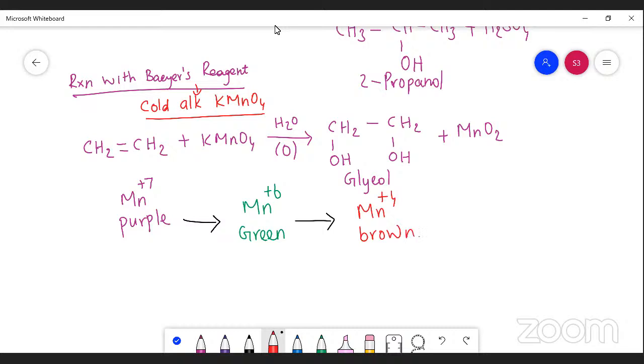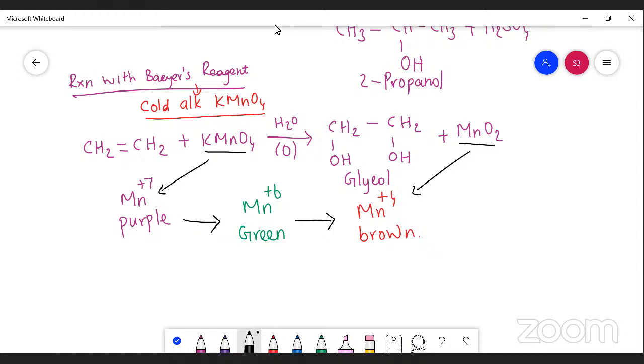So in KMnO4, Mn is +7, so it is purple. Here it is converted into the Mn 6+ oxidation state, then it is green. And in MnO2, Mn is +4, so it becomes dark brown.